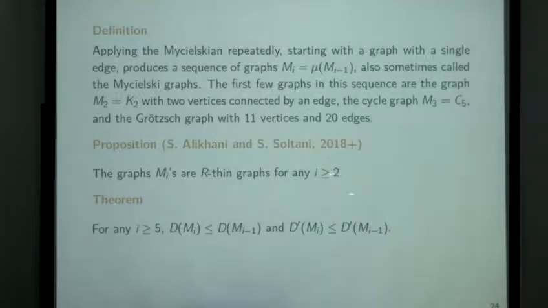And it is easy to see that these kinds of graphs are arching. And so we are able to compare these two parameters. You see here the distinguishing number of Mi is always less than or equal to the distinguishing number of Mi minus 1. And it is also true for the distinguishing index.